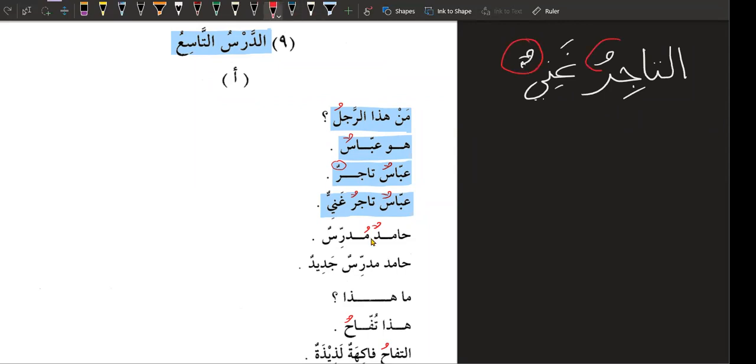So one dhamma and two dhammas. We studied التاجر غني. This التاجر would be, as we say, مبتدأ. And مبتدأ is the thing you start the sentence with, or the thing you are talking about. And then غني would be خبر, which literally translates as information. So the khabar gives us information about the mubtada.